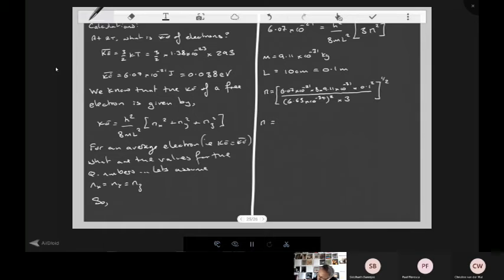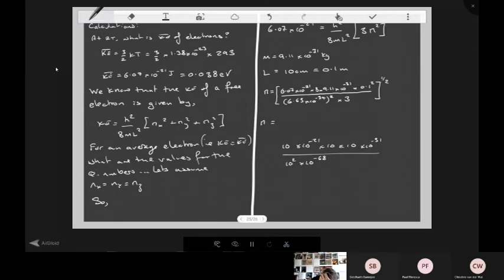If I look at it, 6 is about 10 times 10 to the minus 21. 9.11 is about 10 times 10 to the minus 31. And that's 0.1 squared, so that's 100, 10 to the 2 on the bottom. 6.63 squared, that's 36, and 10 to the minus 34 is 10 to the minus 68.